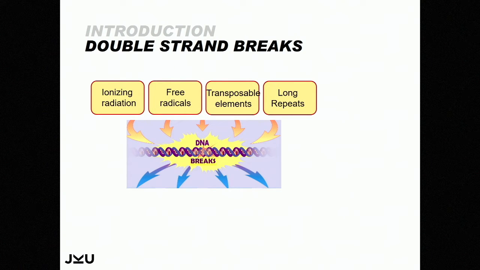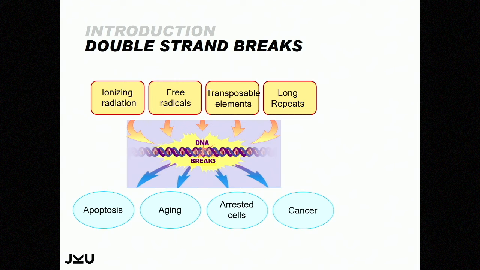Double-strand breaks are really bad for the cell. They induce apoptosis, aging. Even if you have gone to some of the cancer talks, they are all associated with double-strand breaks that are going berserk and usually then have a cancer phenotype. They also produce cell arrest for good reasons.